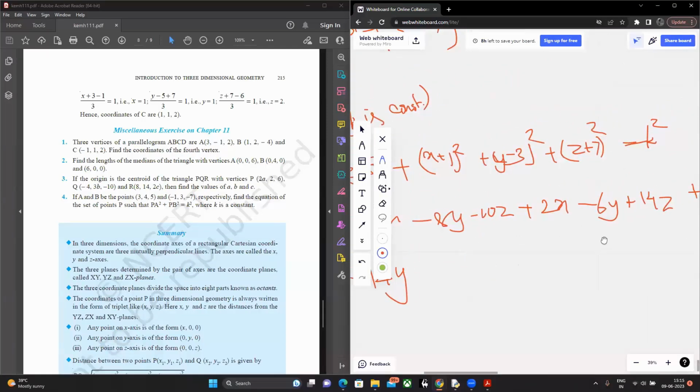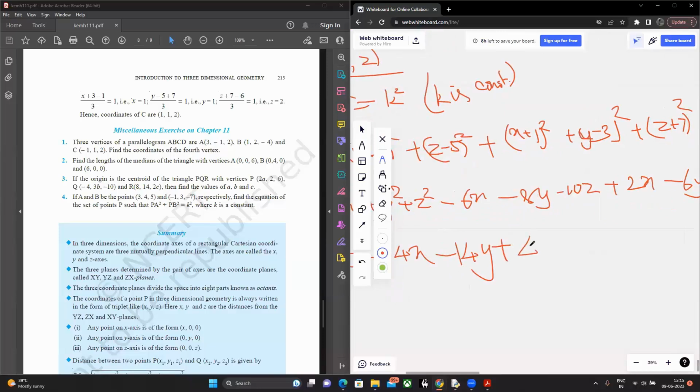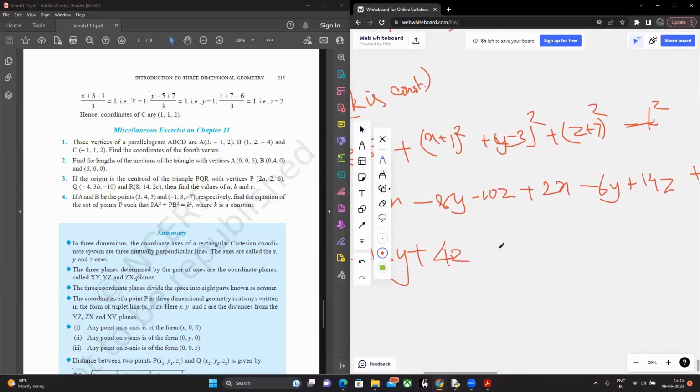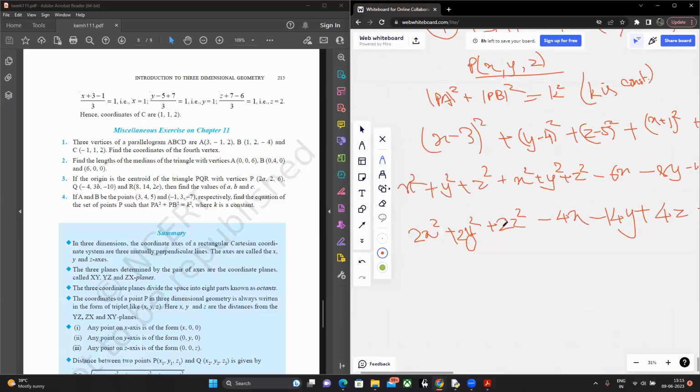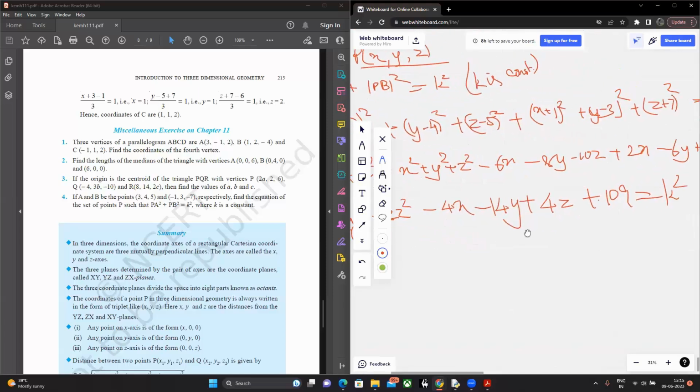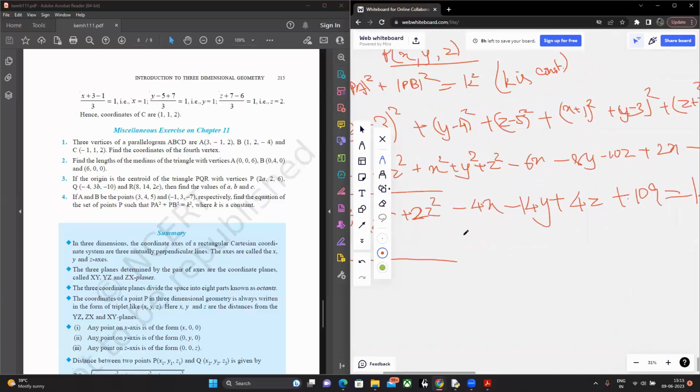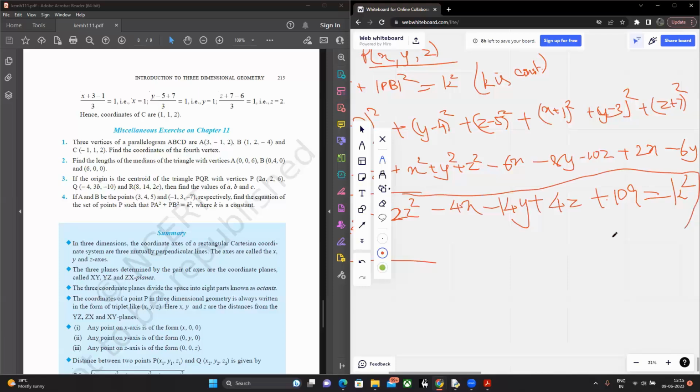And this is going to be minus 10 plus 14, that is going to be plus 4z, right? This is 4z plus 109 is going to be equal to k squared, right? This is basically a required equation, right? This is going to be one of the forms of your locus, all right?